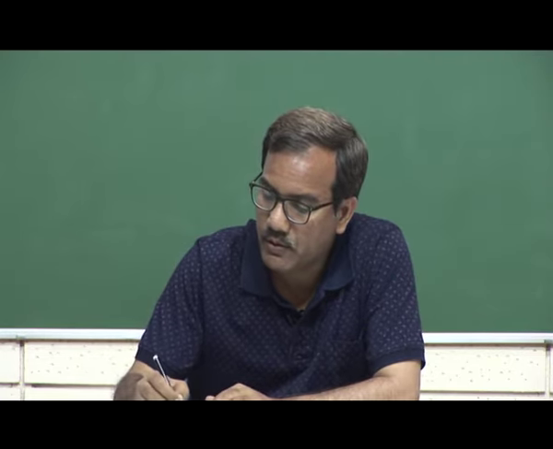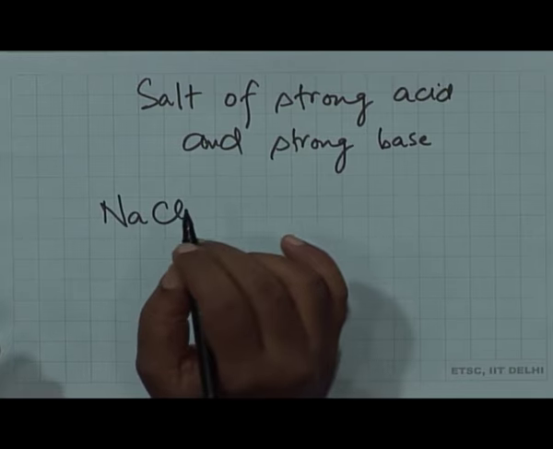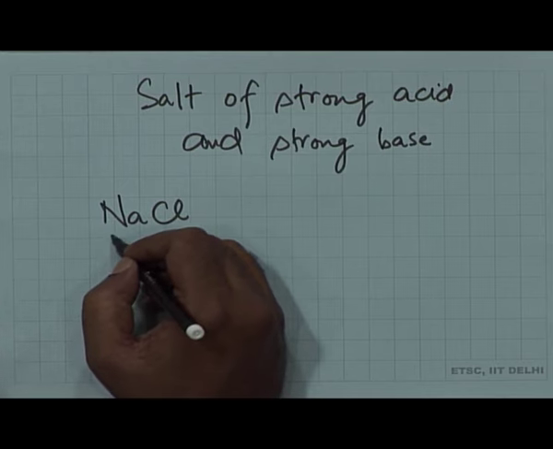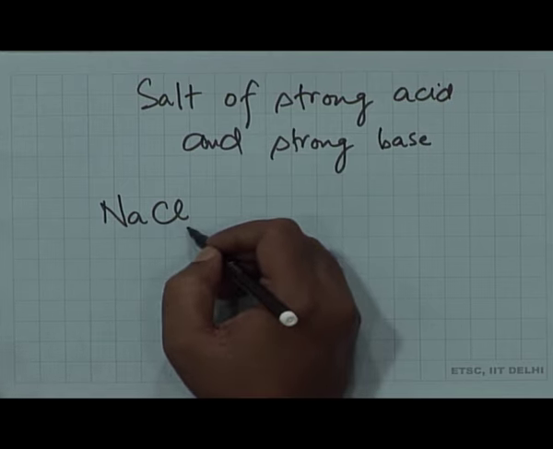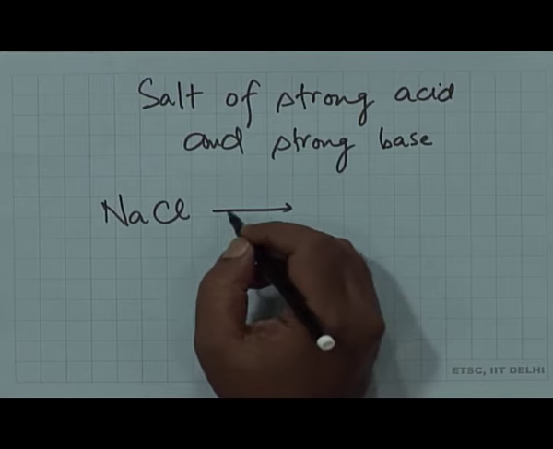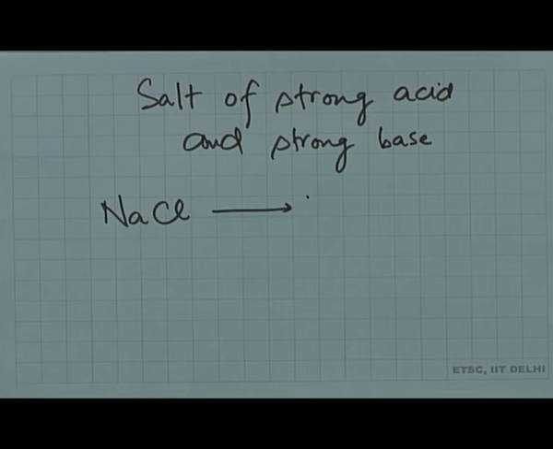So, first thing is this is your salt, which is a salt of a strong base sodium hydroxide and a strong acid, hydrochloric acid. We know that all soluble salts are strong electrolytes.